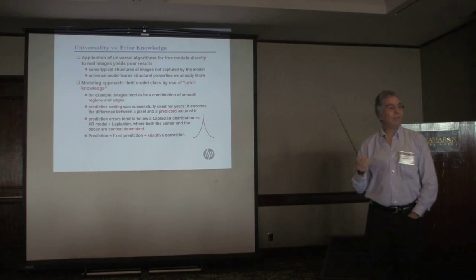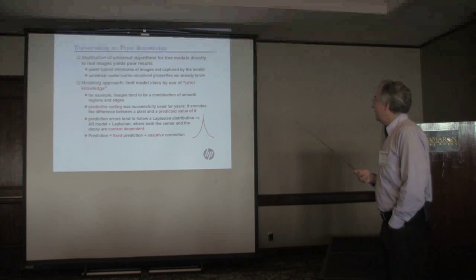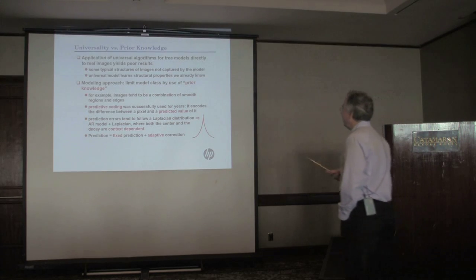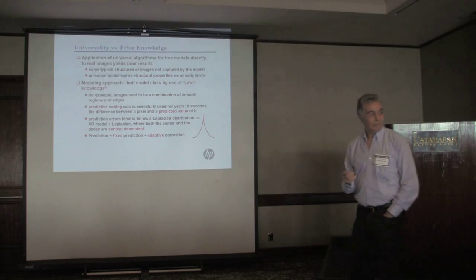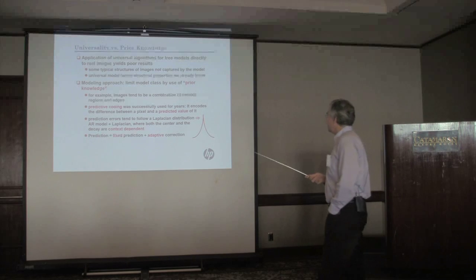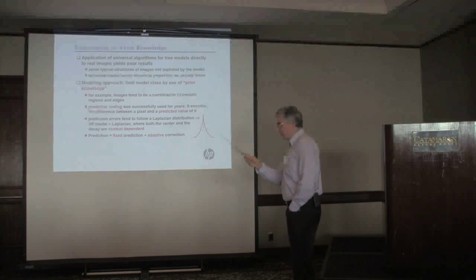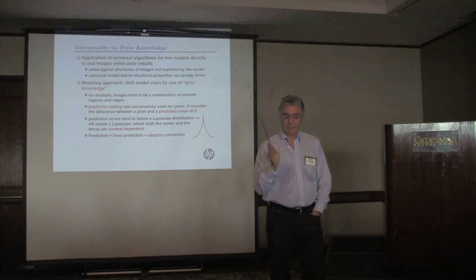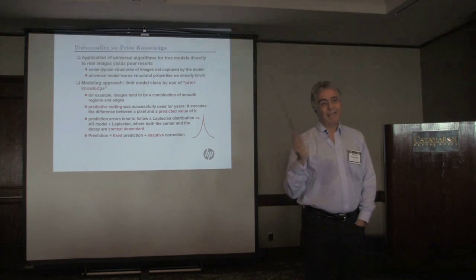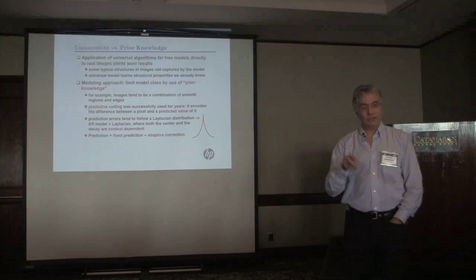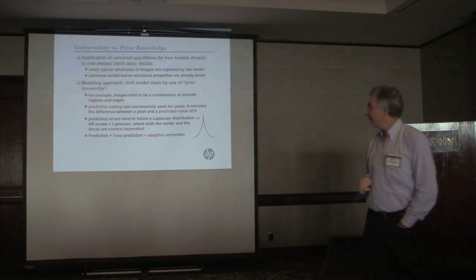Another observation people have made is that this prediction error tends to follow a Laplacian distribution. Although the center of the distribution, an observation we made later, depends on the context, at least the shape tends to be Laplacian.